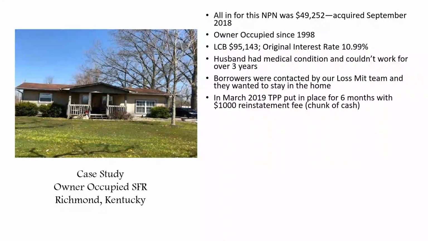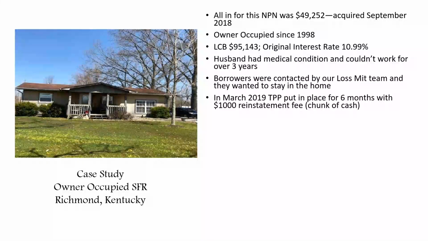In March of 2019, we were able to put a trial payment plan in place for 6 months. Now, in a trial payment plan, you have not already permanently modified the loan, which means it's free money. Any monies that you earn go to the old loan balance.